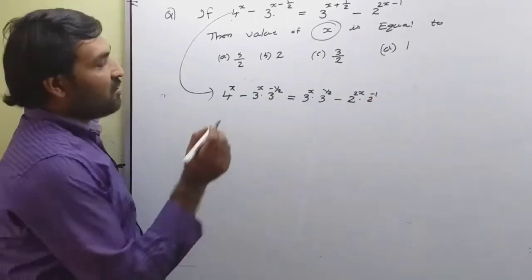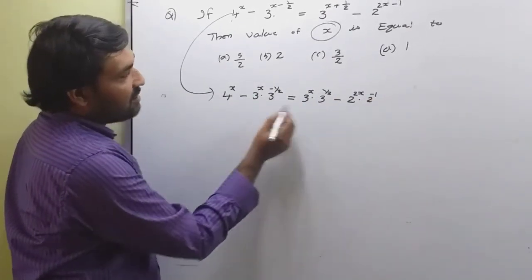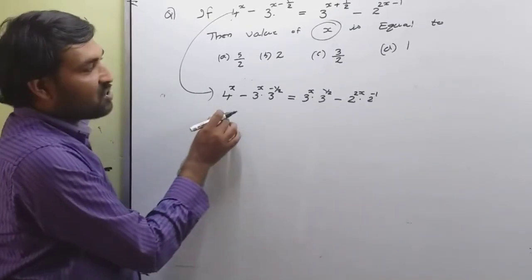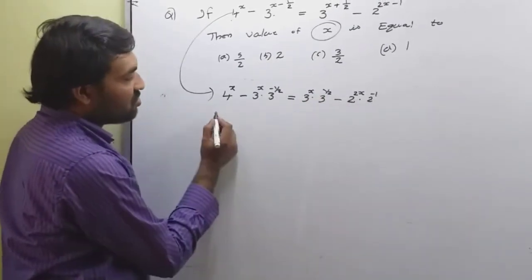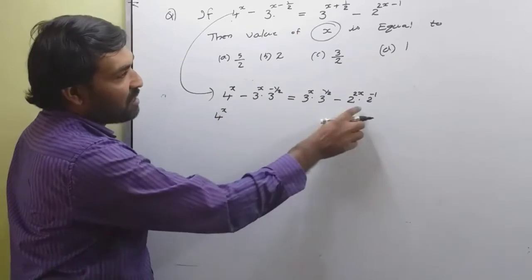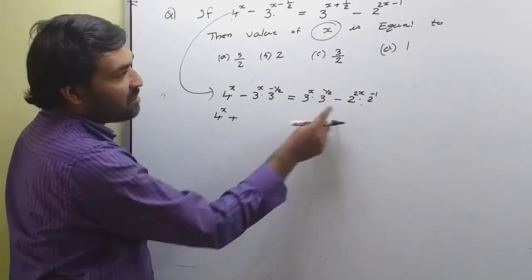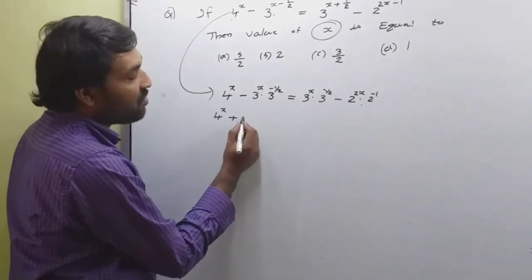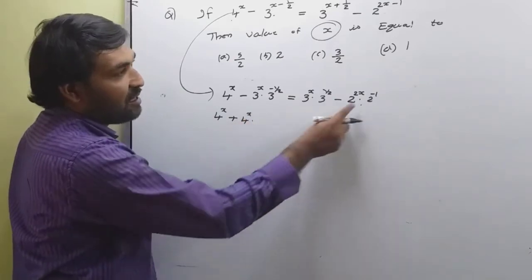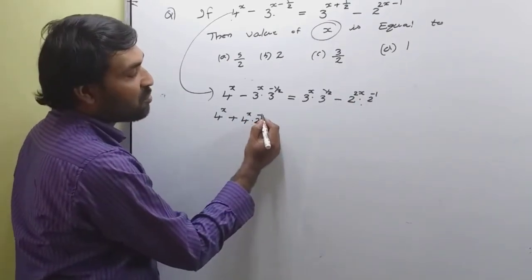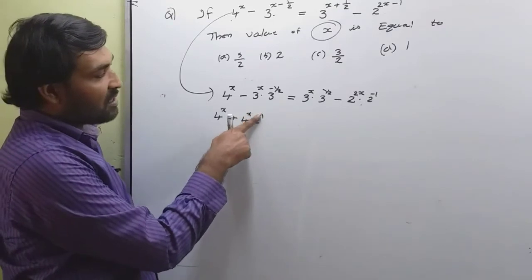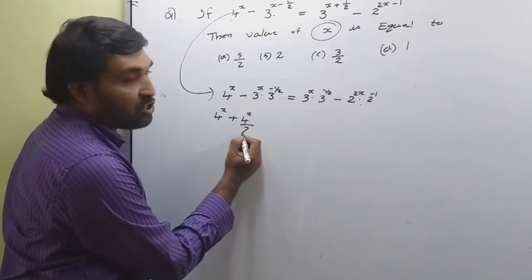Okay, now I am taking this term to the LHS and this term to the RHS. So 4 raised to x plus 2 raised to 2x, that is 4 raised to x into 2 raised to minus 1. So 2 raised to minus 1 can be written as 1 by 2.